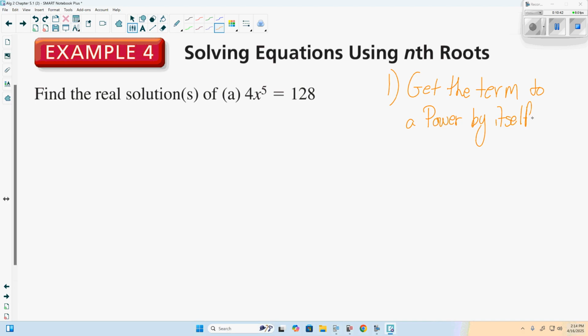Now, the main cases this works is either one, we just have a variable to a power, like this here, or the only variable that shows up in the equation is inside of a set of parentheses that is also to a power.